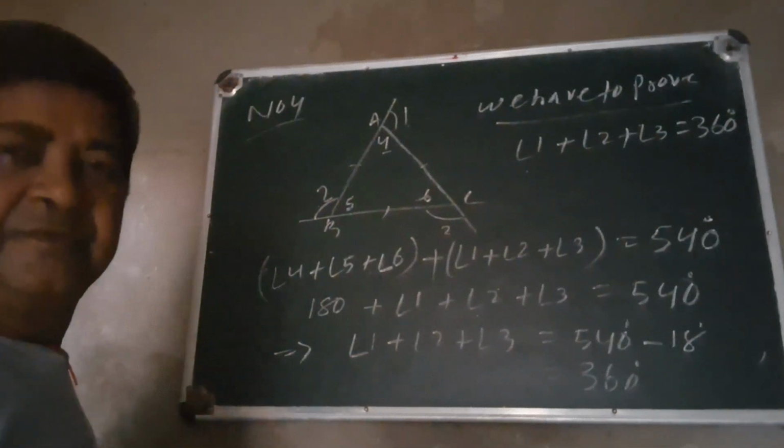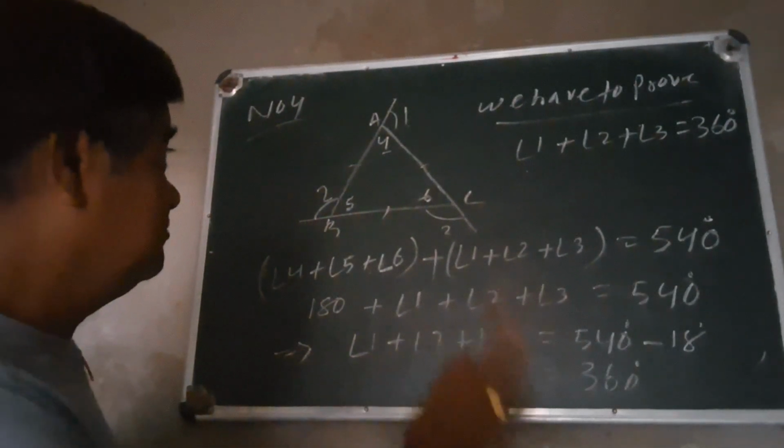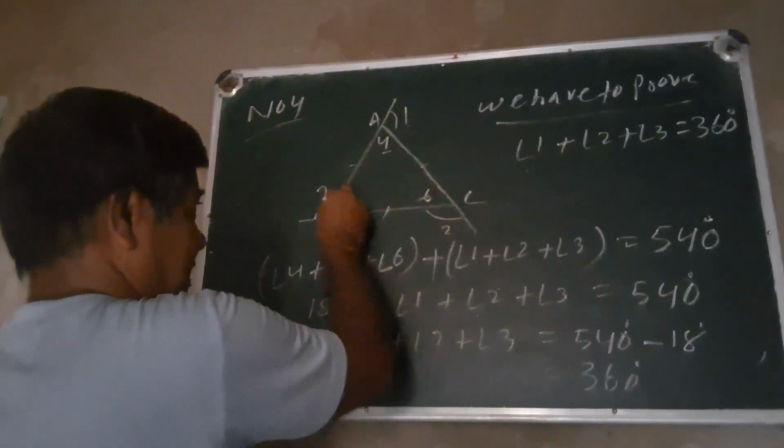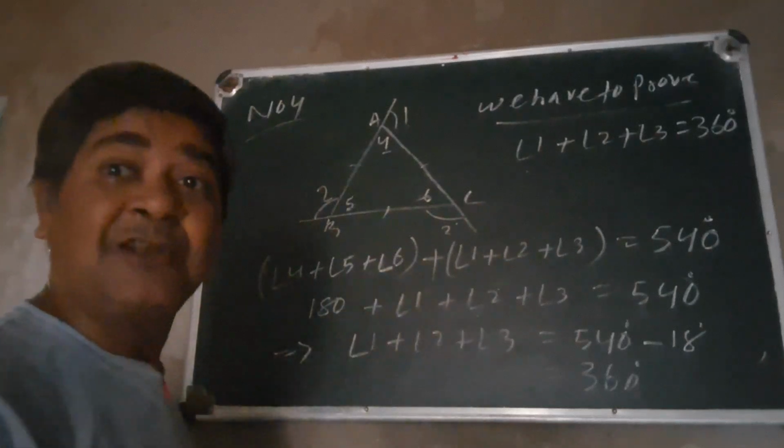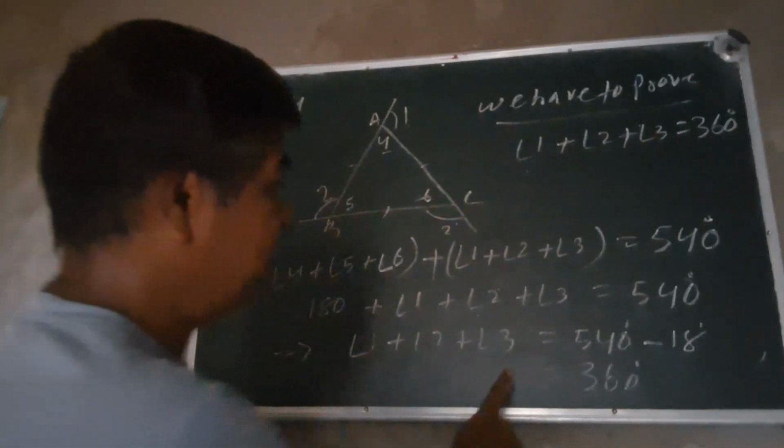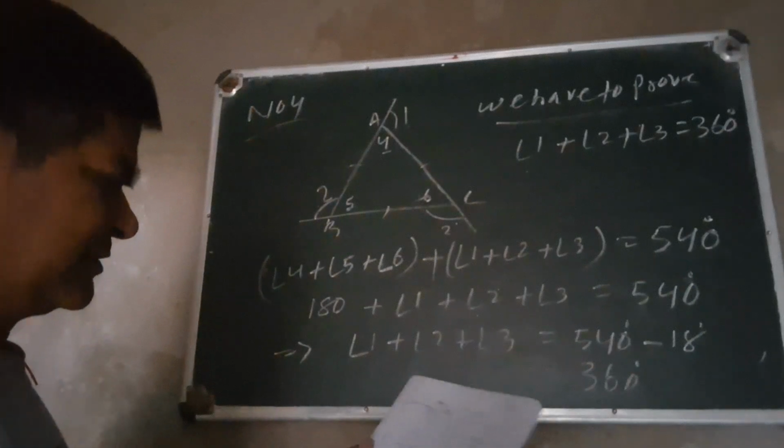Do you understand? In this way we prove that the sum of the three exterior angles of a triangle is 360. Next number.